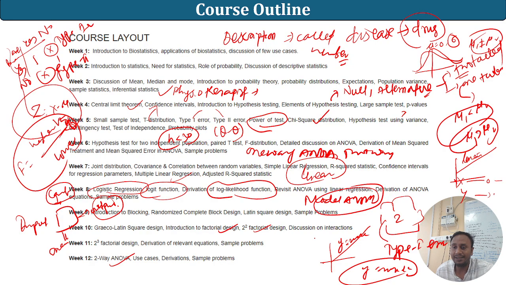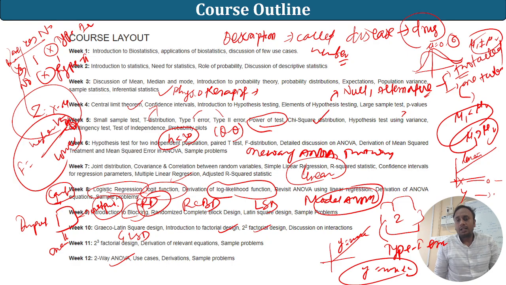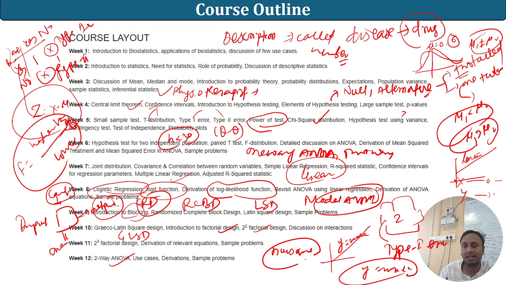The designs are blocking, then CRD, then LSD, then GLSD. In the blocking CRD, we are not going to do the blocking directly; there is just a single nuisance factor, something unnecessary or uncontrollable.